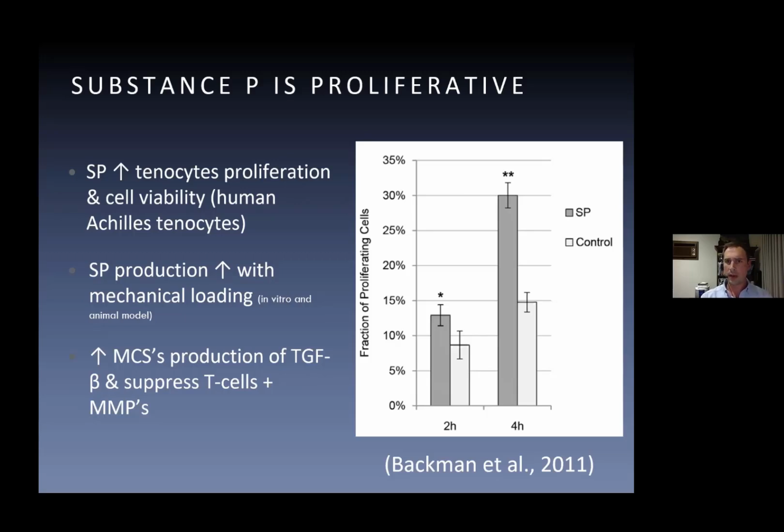In one group they added substance P to the culture, and in the second group there was no substance P. At 4 hours after the culture was set up, the fraction of these human Achilles tendon tenocytes that were proliferating was 30% versus 15% in the control group. So the addition of substance P causes an upregulation in proliferation.